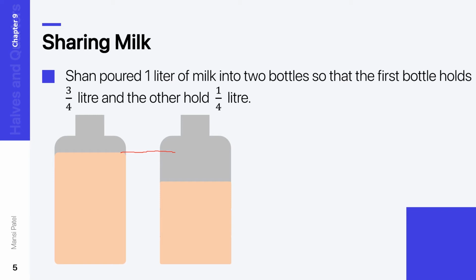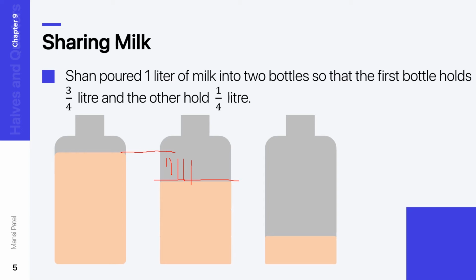Now in the first bottle, he just occupies 3/4 of a liter till this. Now what about this remaining part, the remaining milk? This remaining milk we just fill into the second bottle, that is of 1/4 only.